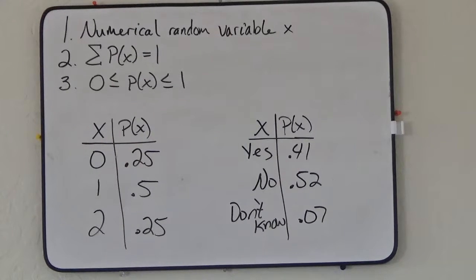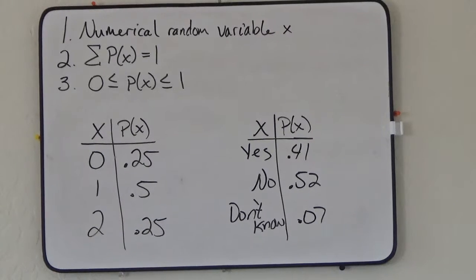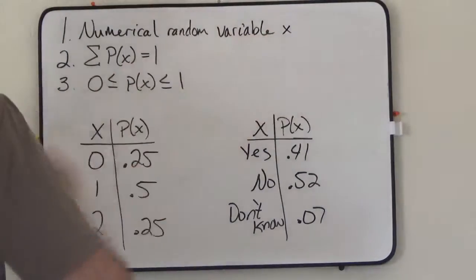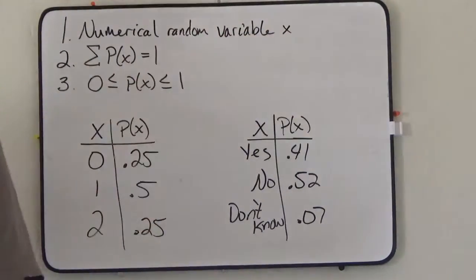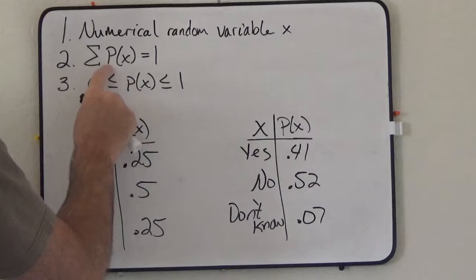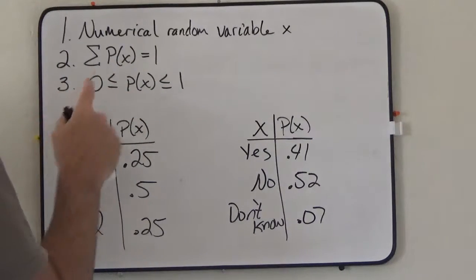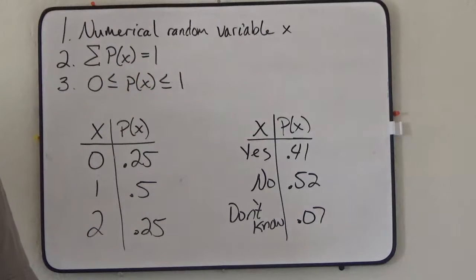So there are requirements in order for this to have probability distribution. The first requirement is that it has to have a numeric random variable like x, okay? The second one is the sum of the probabilities within that study have to equal 1.